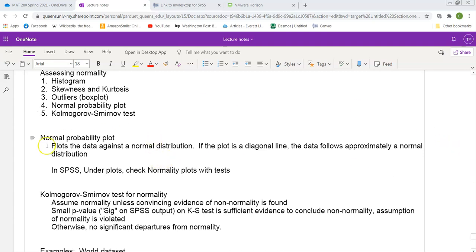All right, so let's talk first about the normal probability plot. The normal probability plot plots the data in your data set, in your variable, against a normal distribution. So it basically says if your data followed a normal distribution, the plot would show a diagonal line.